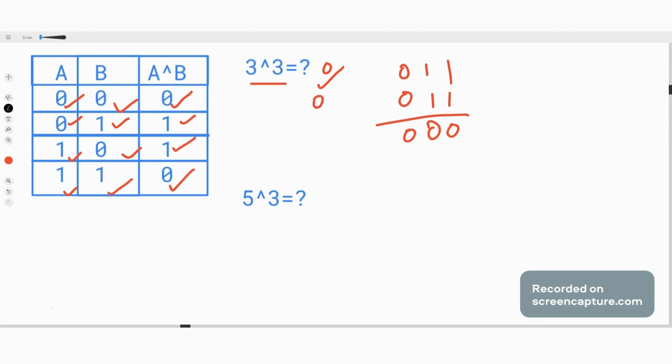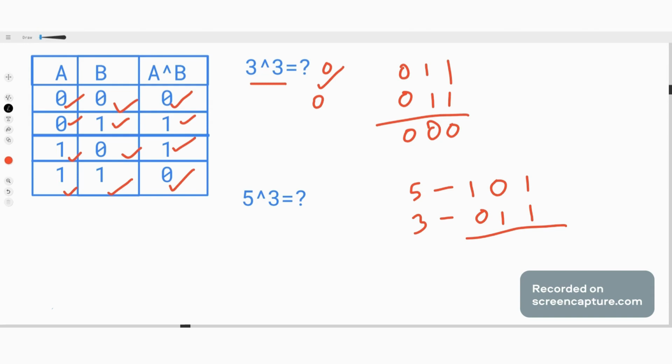Now, what is 5 XOR 3? The binary form of 5 is 1, 0, 1, and for 3, it is 0, 1, 1.